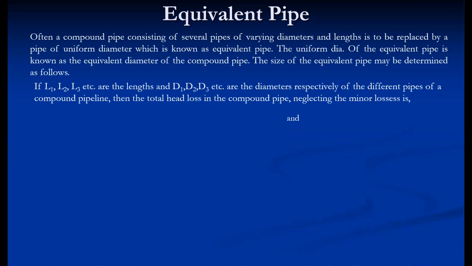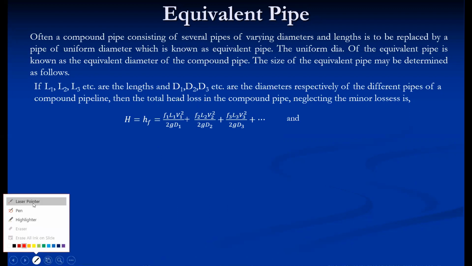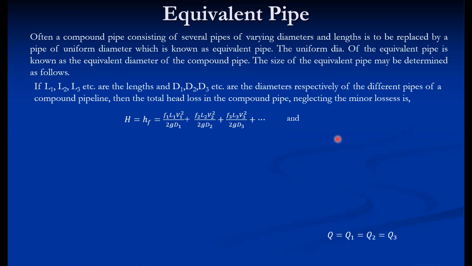Then the total head loss in the compound pipe, neglecting the minor losses, is, as we already discussed in the previous lecture, the summation of head losses in individual pipes, that is pipe 1, pipe 2, pipe 3, etc. And the total discharge is the same, because the discharge through pipe 1, pipe 2 and so on is equal, as the same discharge is carried forward in the compound pipeline.